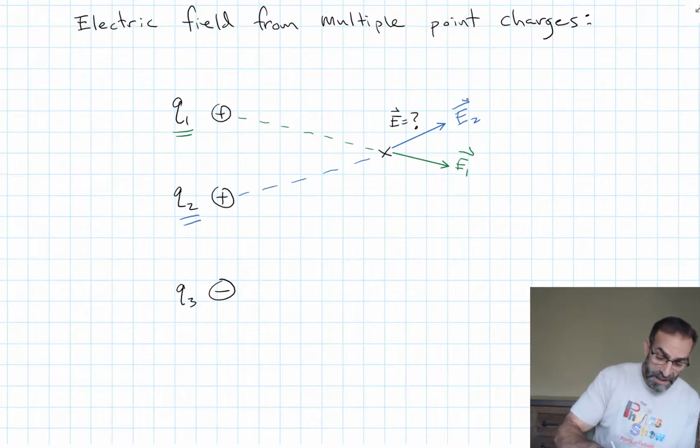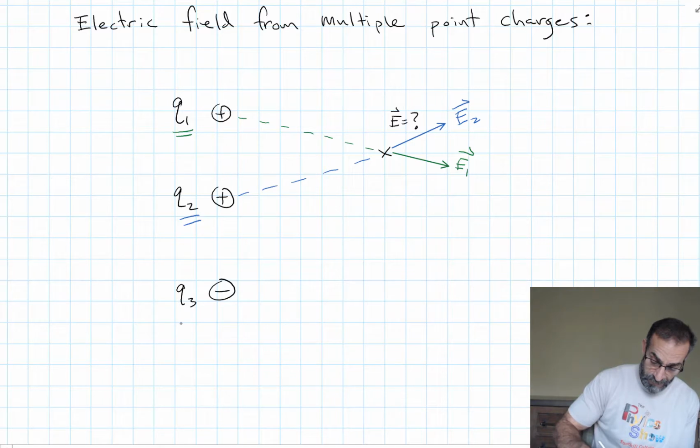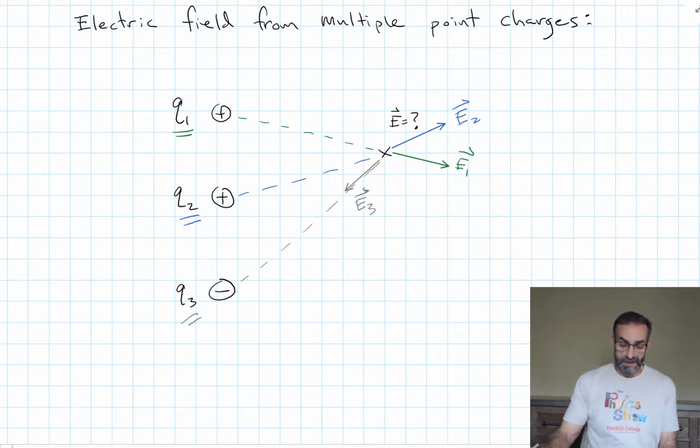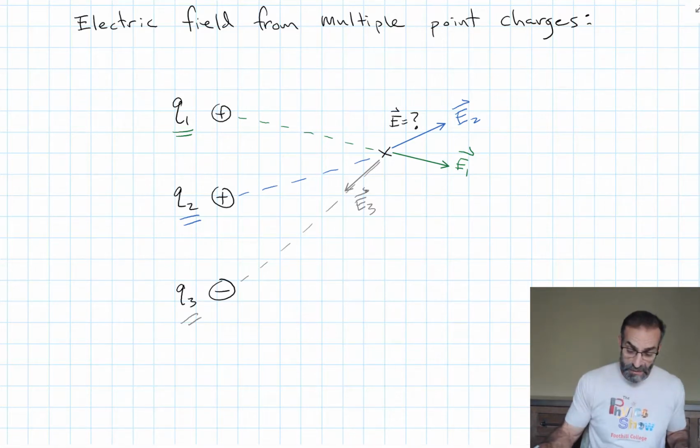Now I do the same thing for Q3. I'll use gray. Draw a straight line. Now this is a negative charge, so its electric field points toward the negative charge. So there are my 3 charges. What do I do? I do my principle of superposition.